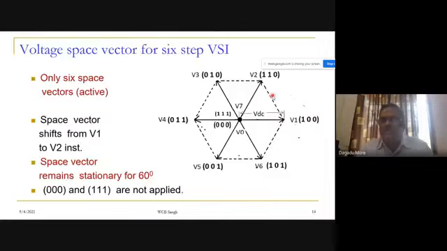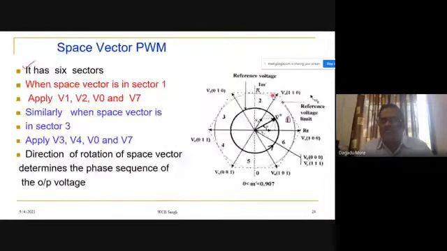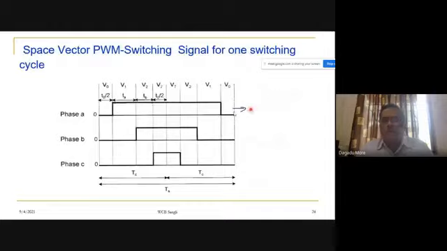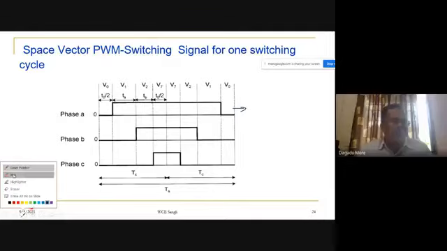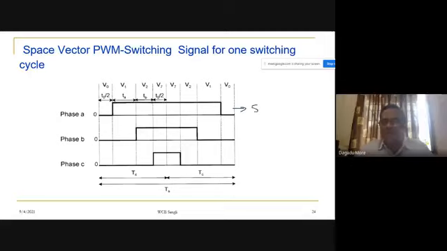So here, this A phase switching signal is for S1, and the inverted one will be for S4. We have not shown S4; we have shown the switching signals for the upper three devices.